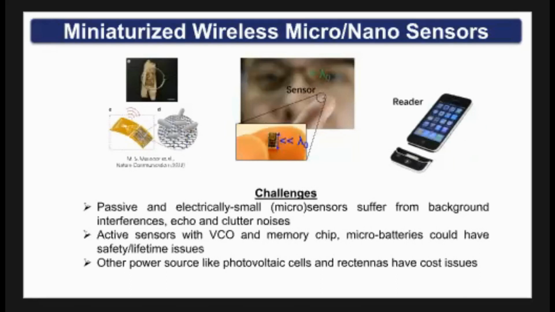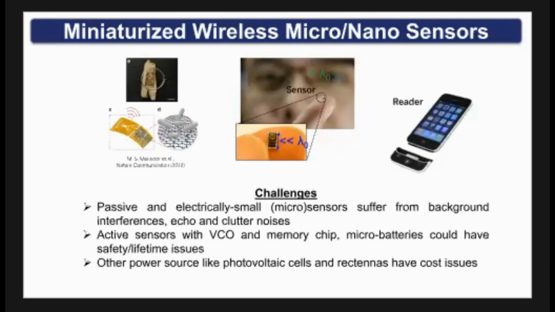For example, I launch a continuous wave, CW, to the sensor and measure the reflected signal. If they are at the same frequency, you see interference, and then it's hard to detect the resonance. Of course, if you measure the device in an anechoic chamber without any interference, you can get a clear resonance response in the radar cross-section.